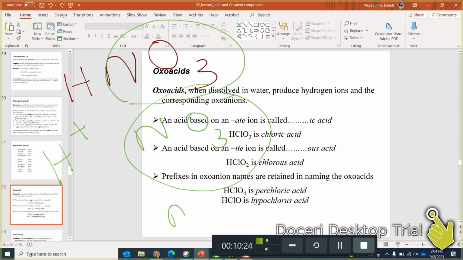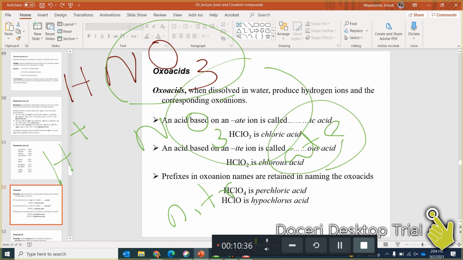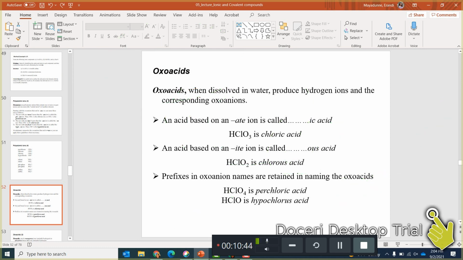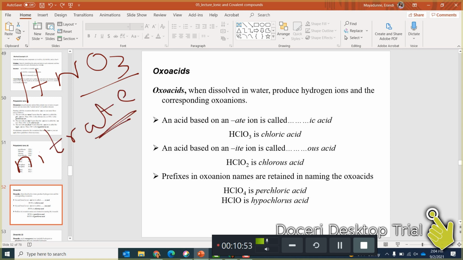So this nitric acid, this is nitrate. When it forms an acid, you remove the ate and add ic. So it's going to be nitric acid. HNO3, nitrate, remove ate and you put ic, nitric acid.